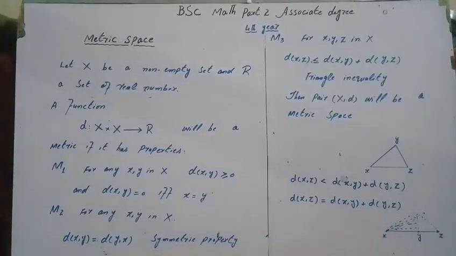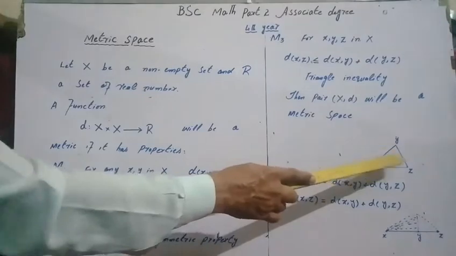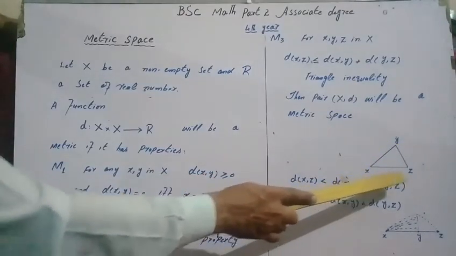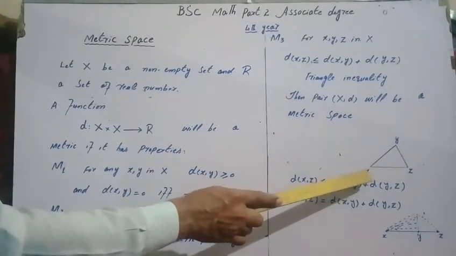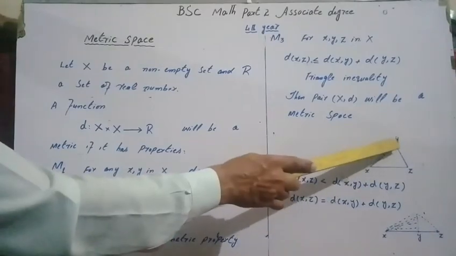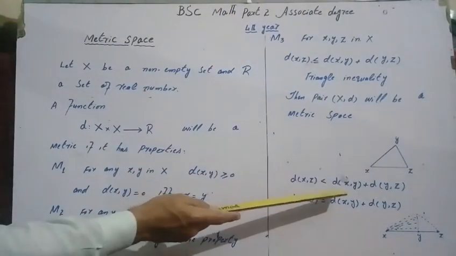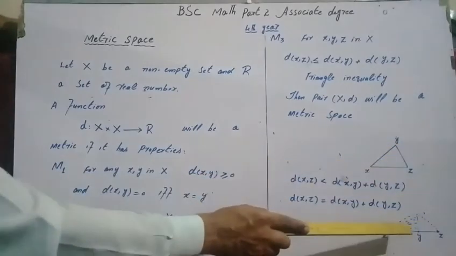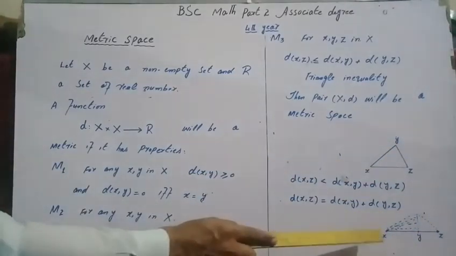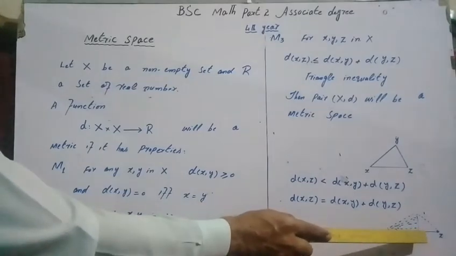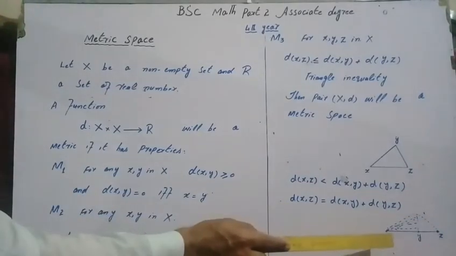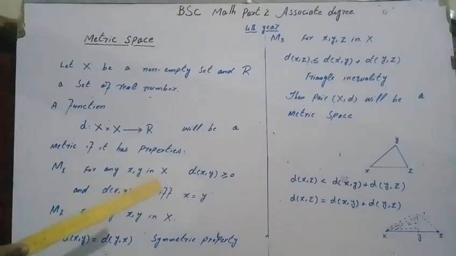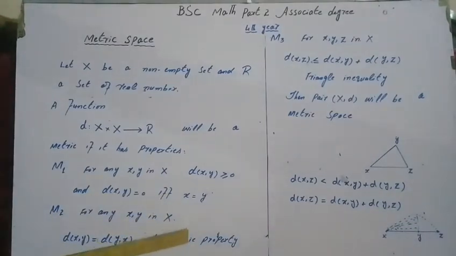That is the triangle inequality. In a triangle, the distance between x and z will always be less than the distance from x to y plus the distance from y to z. Here is the first condition. And if y is on the baseline, then the distance from x to y plus the distance from y to z will be equal to the distance between x and z. So this is our triangle inequality.